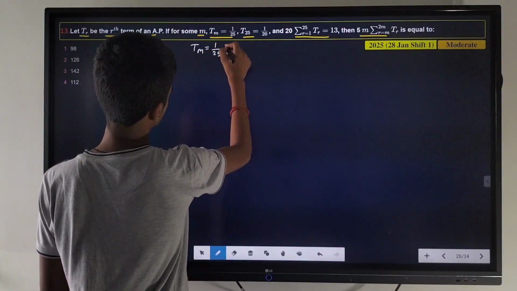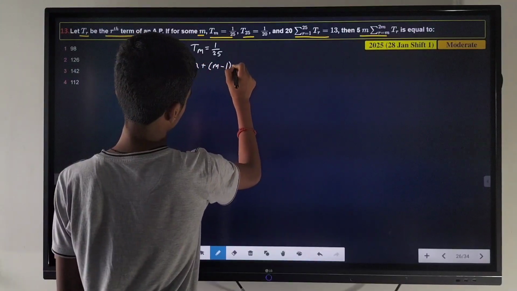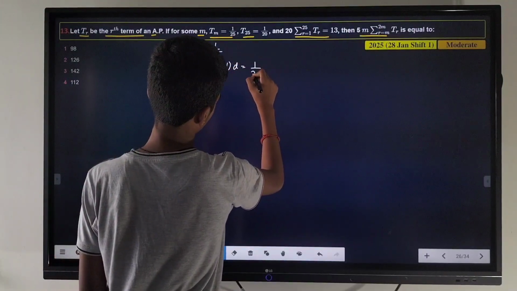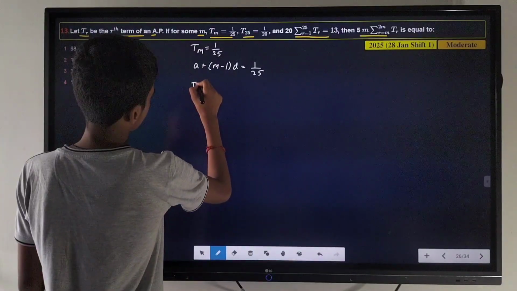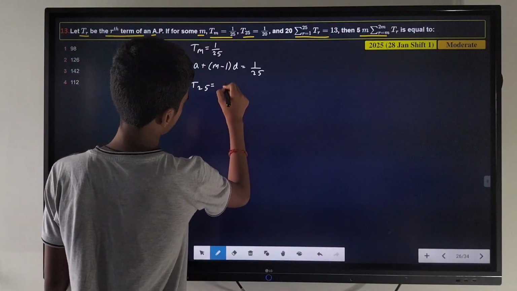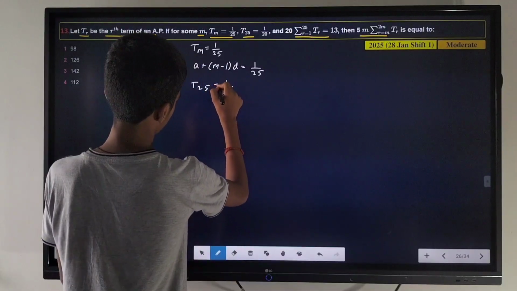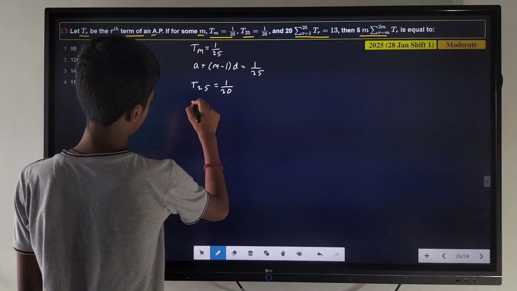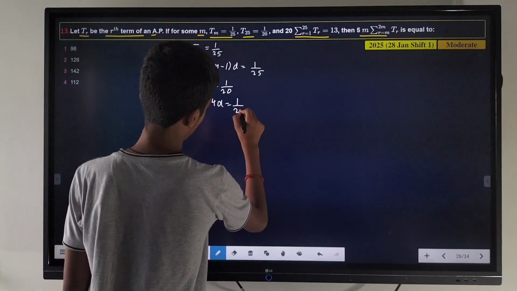From T25, we will get A plus 24B is equal to 1 upon 20.